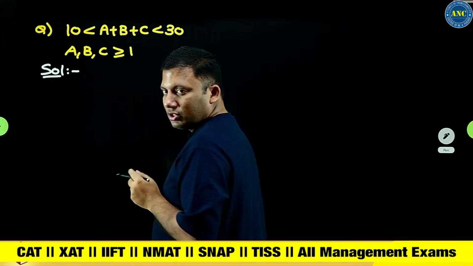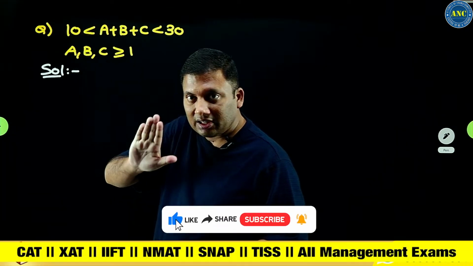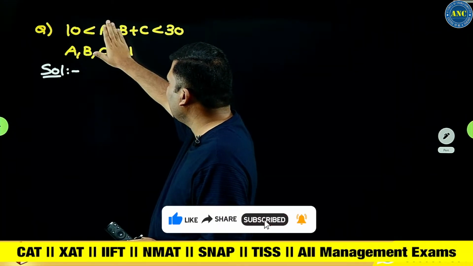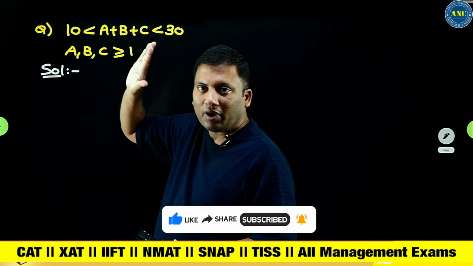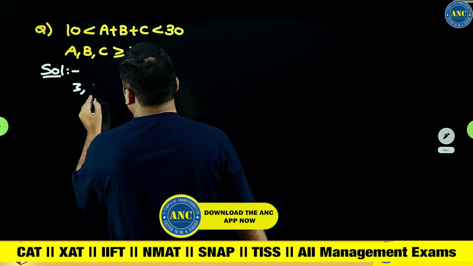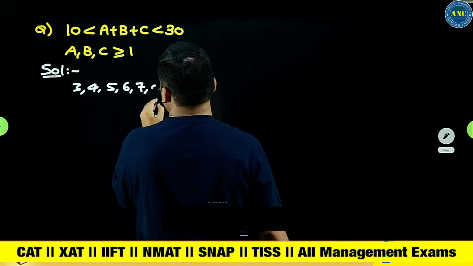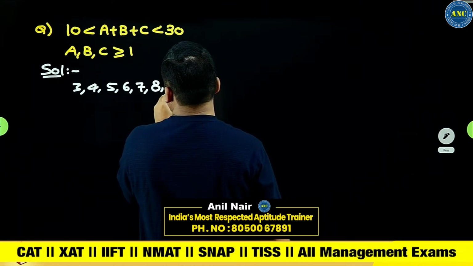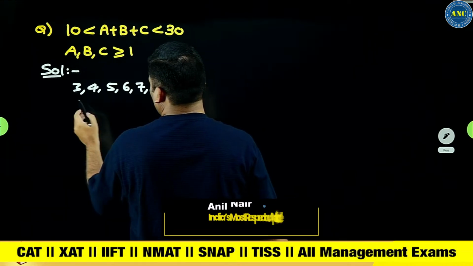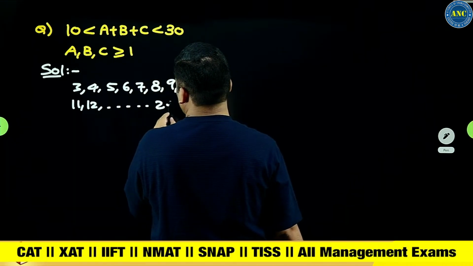Solution. Step number 1. Left hand side is not there. If it is not there, a plus b plus c, 1 plus 1 plus 1, is 3. That means 3, 4, 5, 6, 7, 8, 9, 10, 11, 12 and so on up to 29.